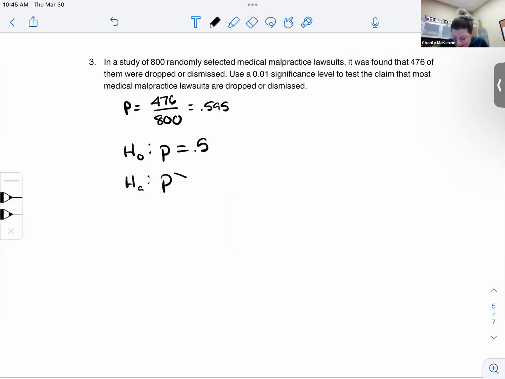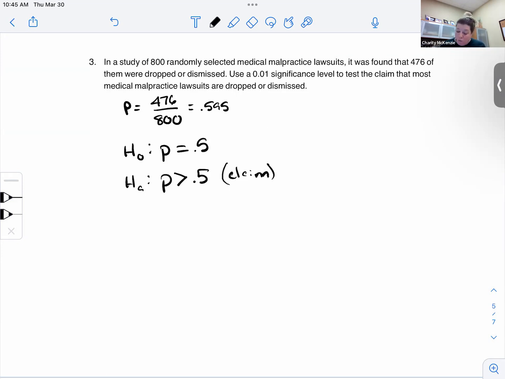Greater than 0.5. Okay, that's how we're going to represent it. And which one is our claim? Do we claim that it equals half or do we claim it's greater than half? We claim this one. We're claiming greater.